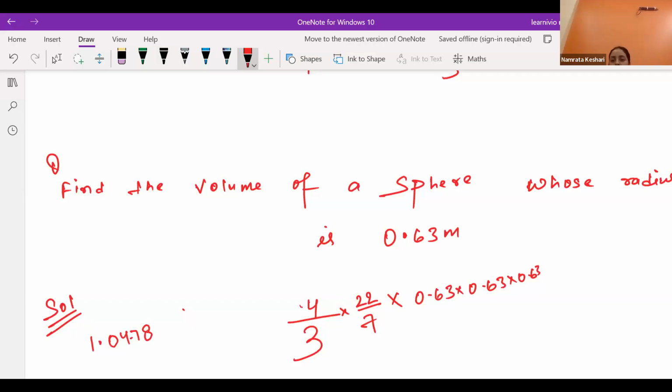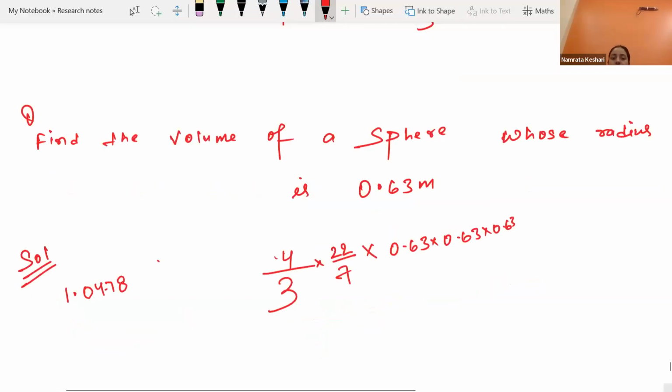Let me check. Okay, it seems like it will be divisible by 3. Or 0.63 you can write as 63 by 100 as well. Your wish. I am comfortable like that, so let me write it as 63 by 100.